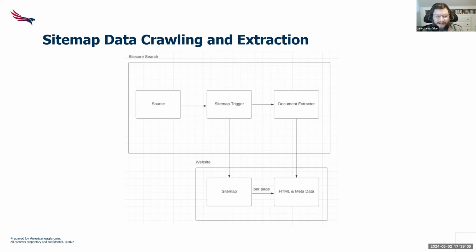The document extractor pulls out the data per row entry in your sitemap. So the sitemap trigger looks at your sitemap on your site, and then on a per page level, the document extractor, in our case, gets all of the information from your markup or your HTML, et cetera.